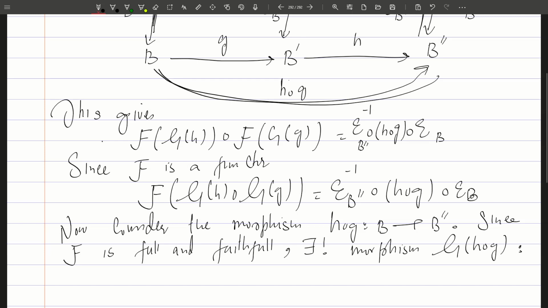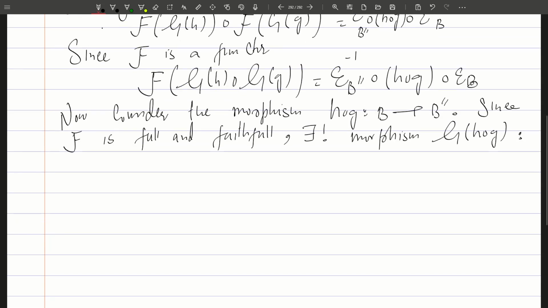This is the morphism from object G of B to G of B double prime, such that this is a morphism in A, such that the diagram commutes.